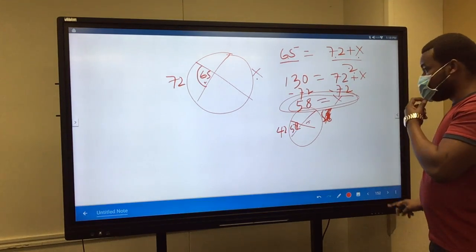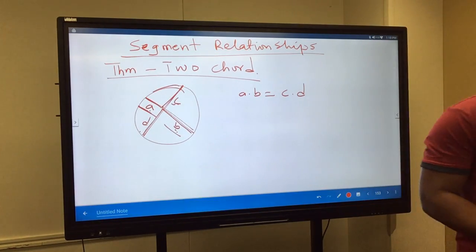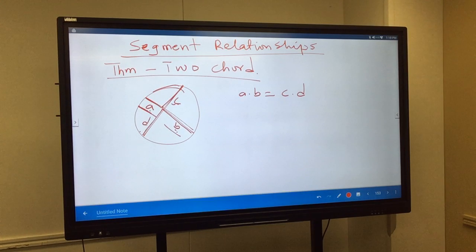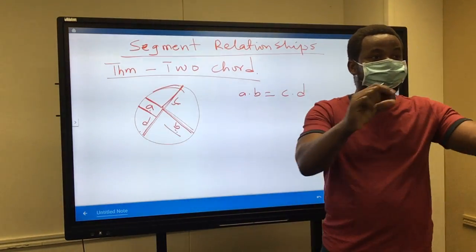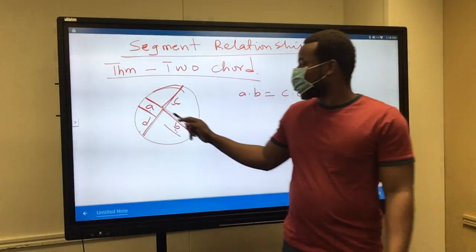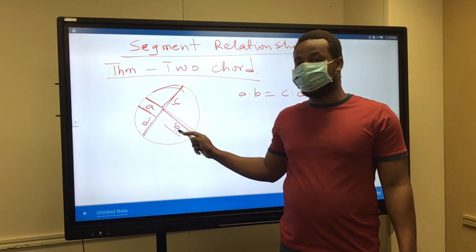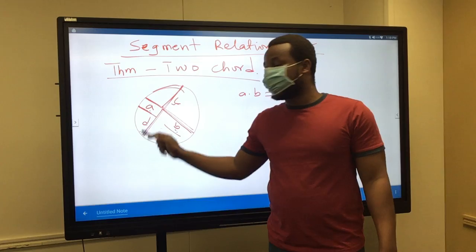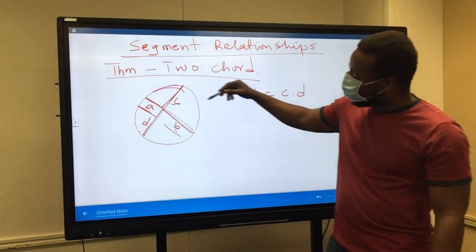Now we are going to learn a little bit more principles. We were looking at angles, now we'll be looking at sides, the length of the chord. If the length of the chord here is A and here is B, and this one is C and D, then you just have to multiply across.